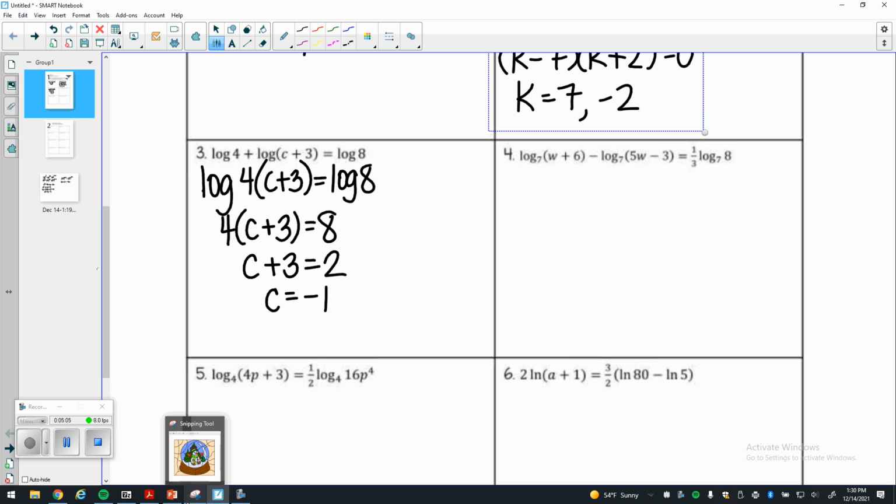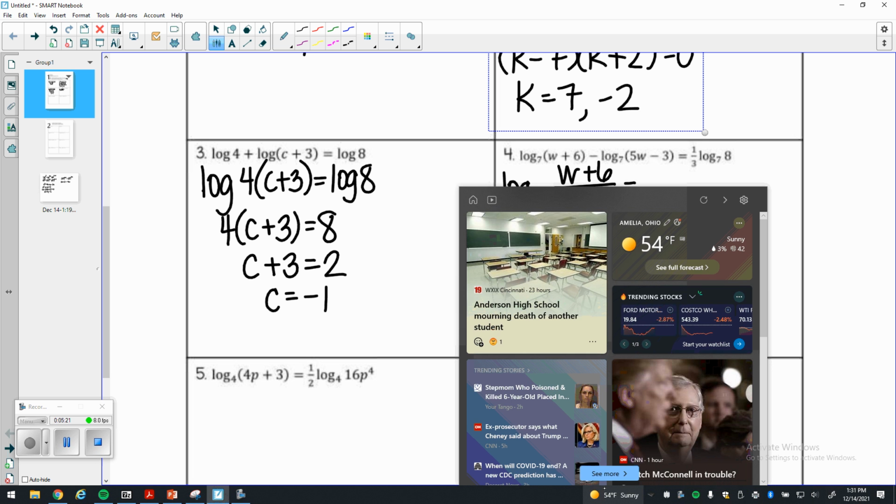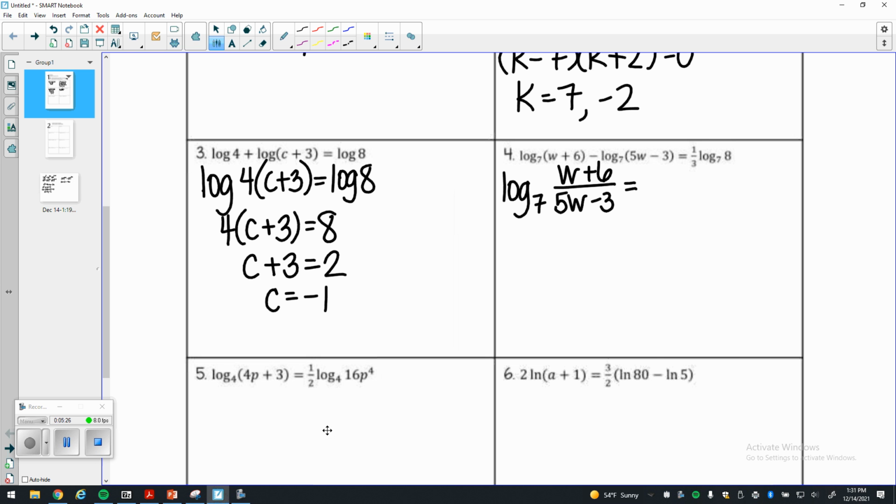Do number 4, please. What does subtraction turn into? Division. So this is log base 7 of w plus 6 divided by 5w minus 3 equals, what does that 1/3 become? Say it louder. It becomes an exponent. So this is the log base 7 of 8 to the 1/3 power.